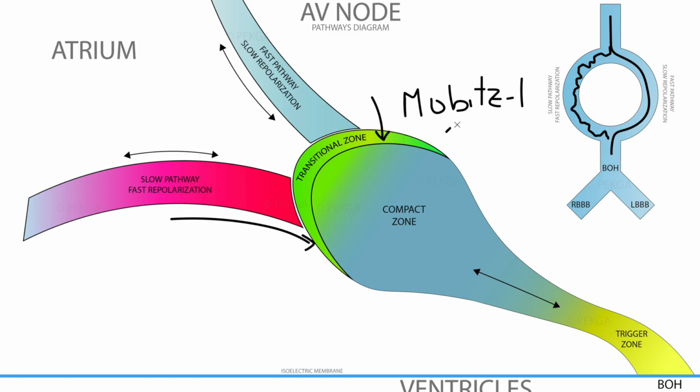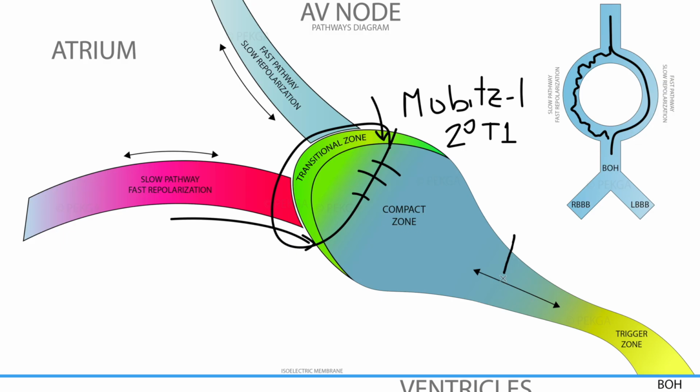It would be your second degree type 1. This is where you would see it. Okay, and again, this is a representation, so this is not clinically or physiologically, anatomically accurate. Okay, now we get into the compact zone here. You still can get Mobitz-I. You can also get Mobitz-II.